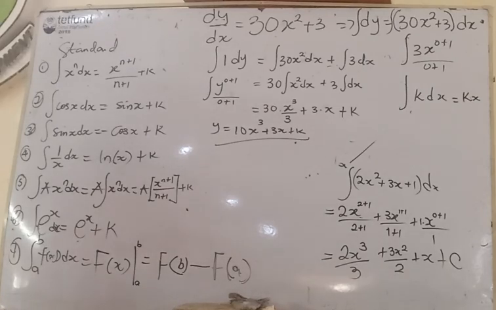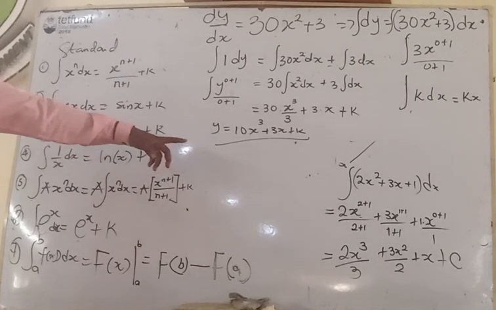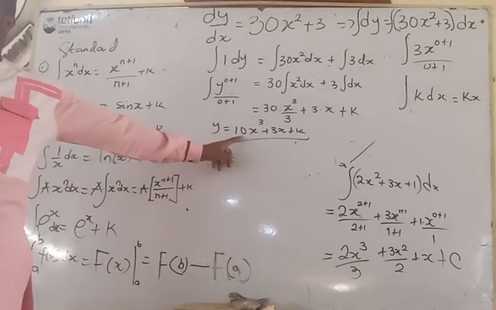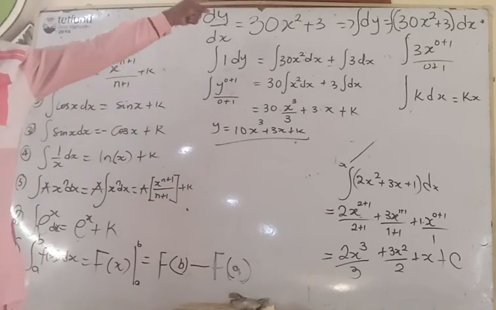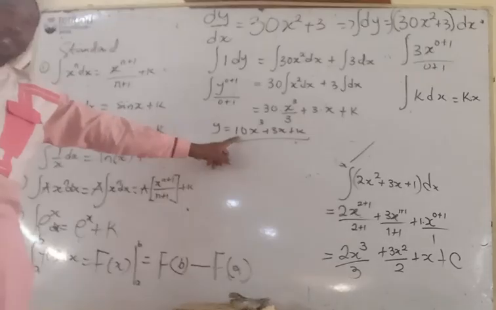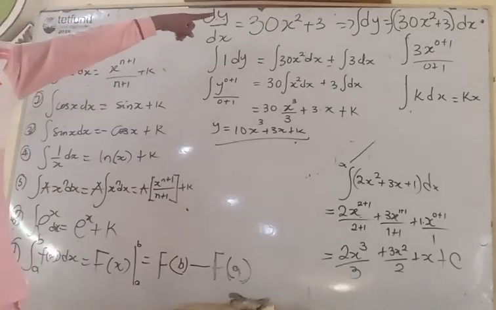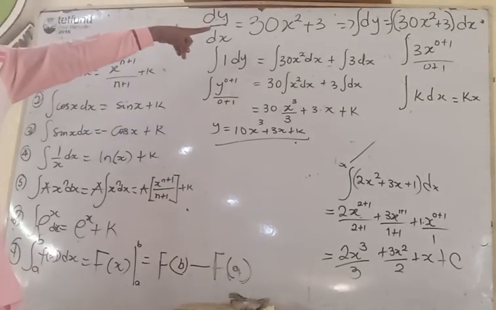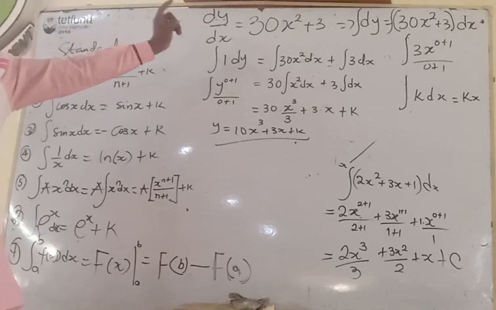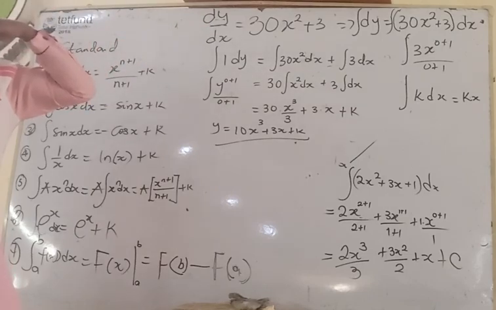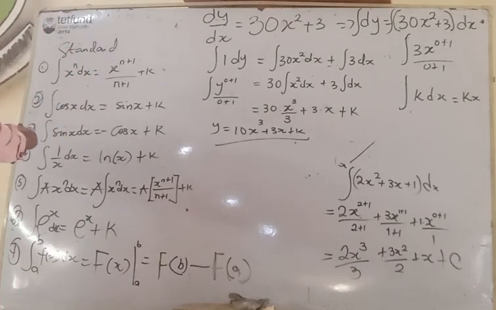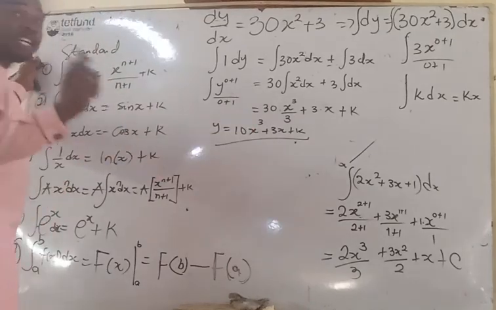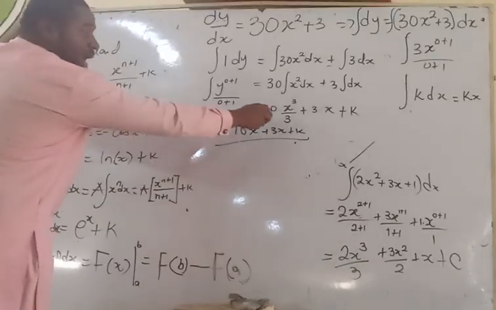So see, if I differentiate this one, I'm going to get that result. If I differentiate this one now, I'm going to get this one. Is it true? It is true, because to differentiate this one, differentiation is multiply and minus 1.